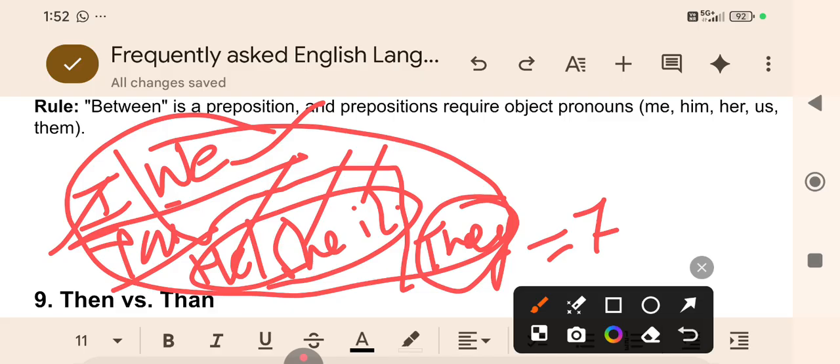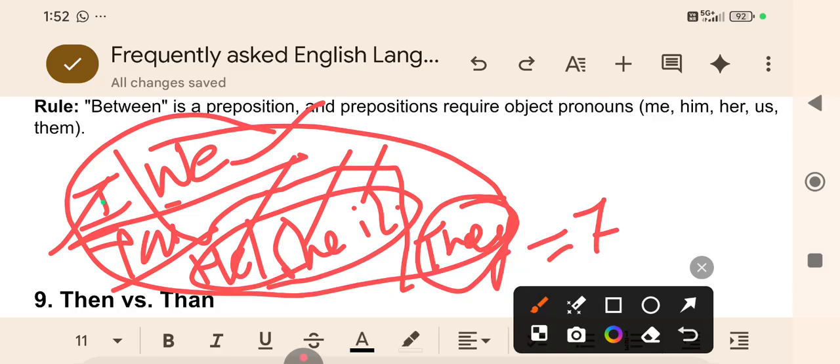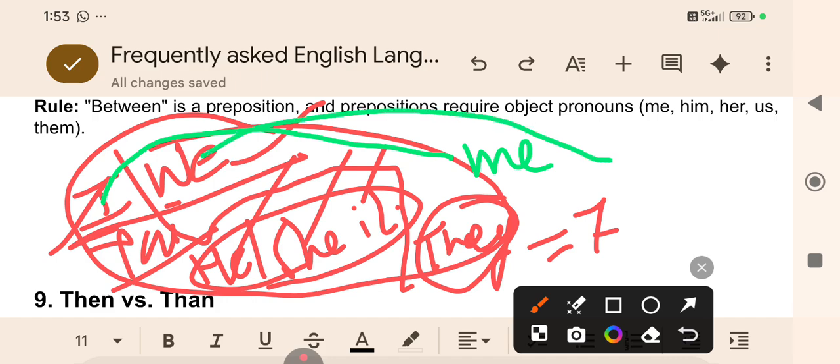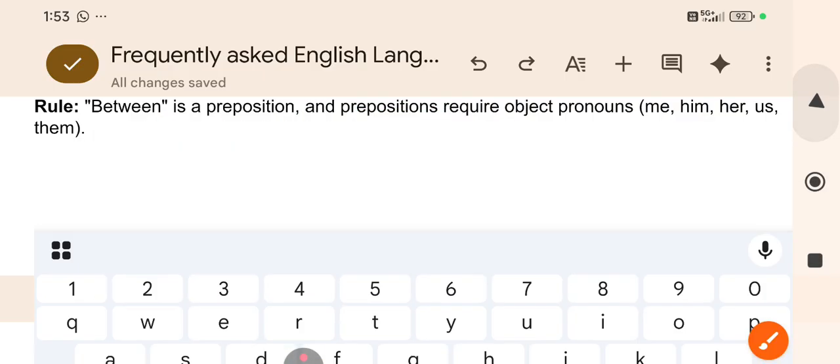But the form changes when we use the same subjective pronoun after the verb. I becomes me, we becomes us, you is common, he becomes him, she becomes her, it is common, and they becomes them. I am writing it again.